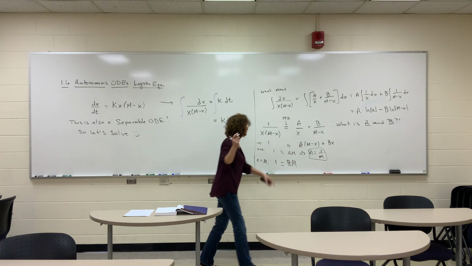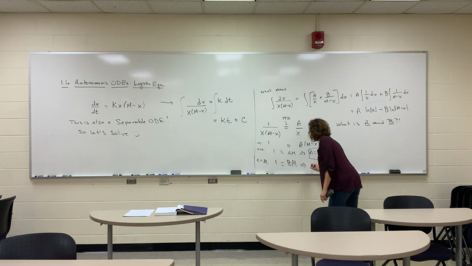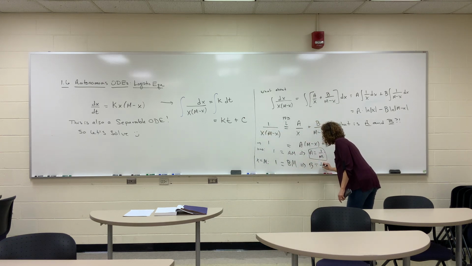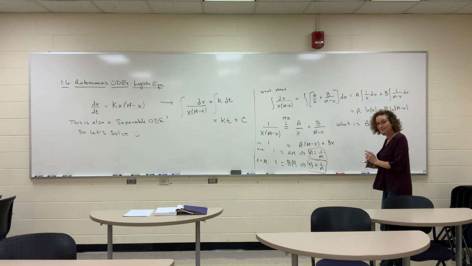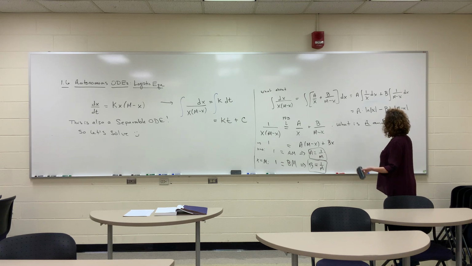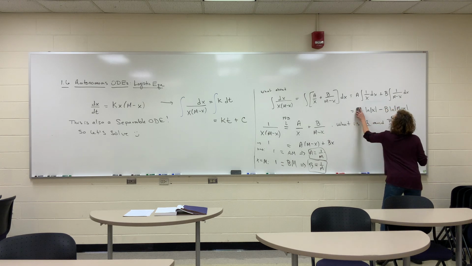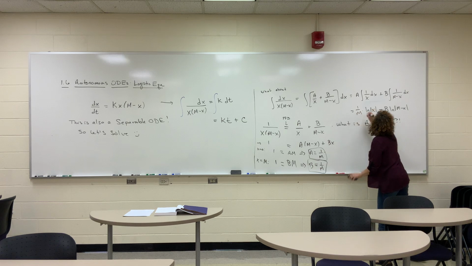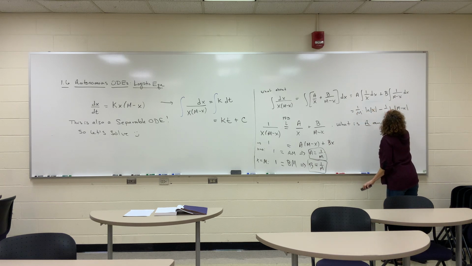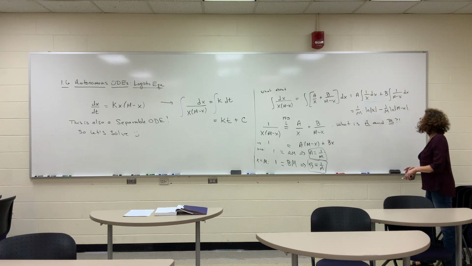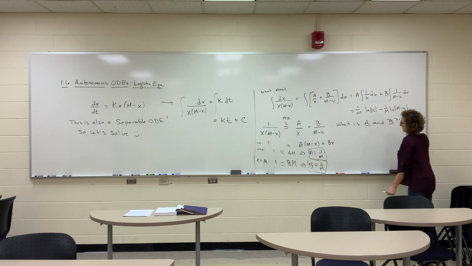What are we solving for? b, therefore b is also 1 over m. Okay, we good? So what are a and b? Well, 1 over m and 1 over m. Awesome.